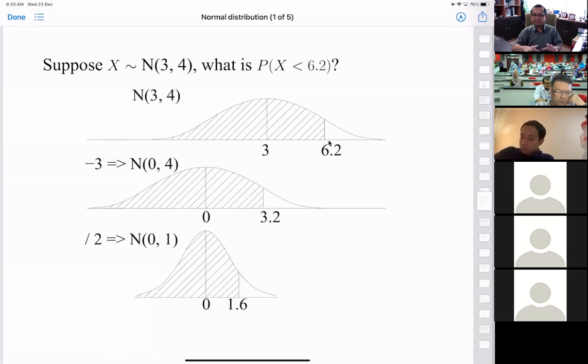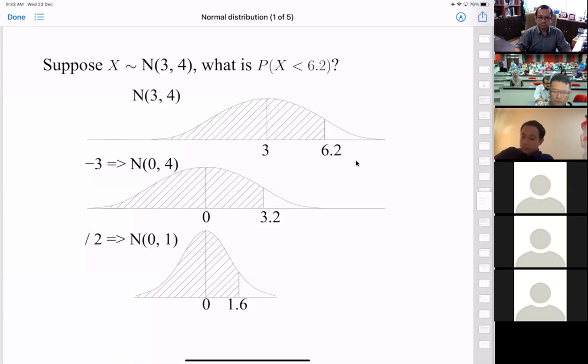So when I explain this, I hope you can relate it in your mind with the real scenario. This is our mean, this is our variation. This is the mean here, at the peak, and your variance is 4, standard deviation 2, and you want to know whether it is less than 6.2.